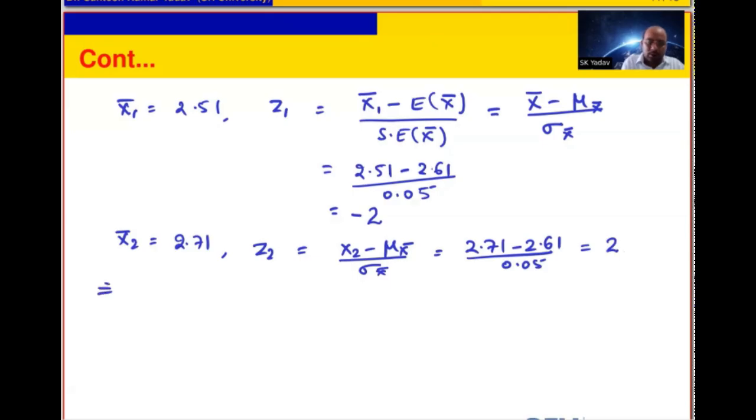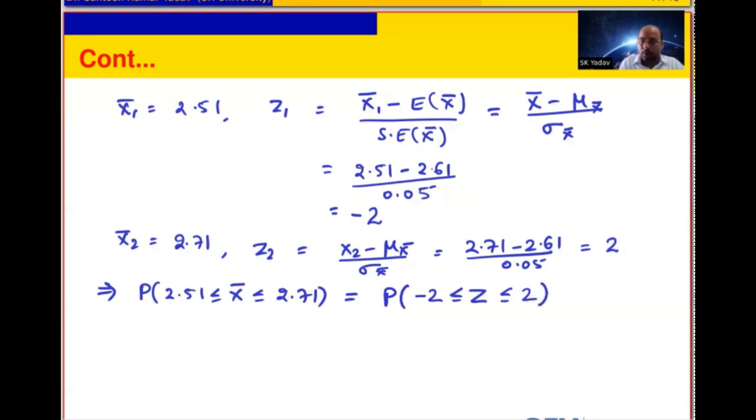So this means the probability that 2.51 is less than or equal to x bar, less than or equal to 2.71, is now changed to the probability of finding z between minus 2 and 2.